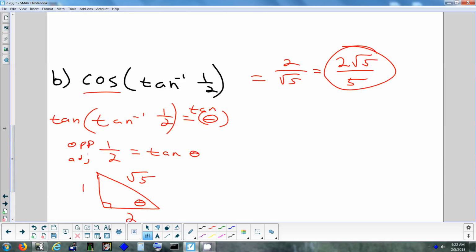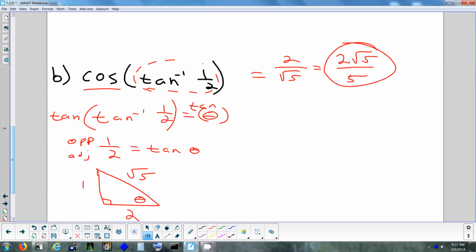So we figured out that whole problem without ever really knowing what the inverse tangent of 1/2 is. I don't know. We never figured that out. We didn't need to. All I wanted was the cosine of inverse tangent of 1/2. I didn't really want to know inverse tangent of 1/2 by itself. Okay, so when inverse is on the inside, you never have to evaluate that. You just draw the diagram, you use Pythagorean Theorem.